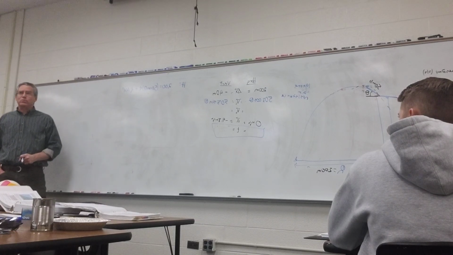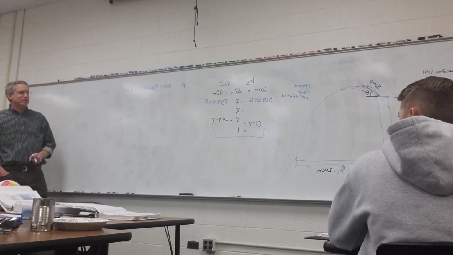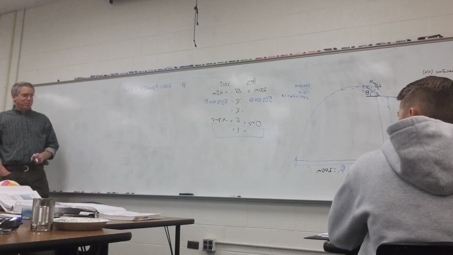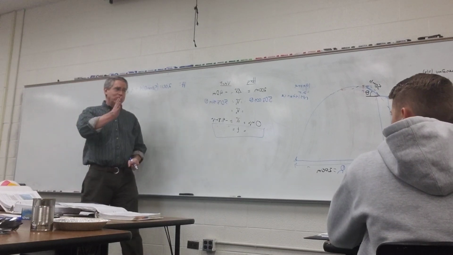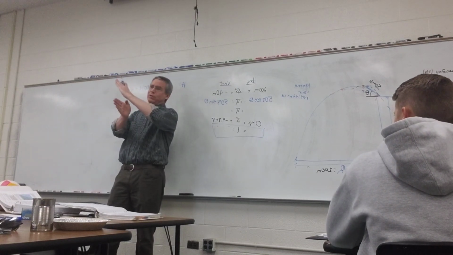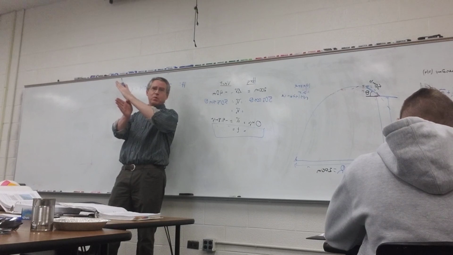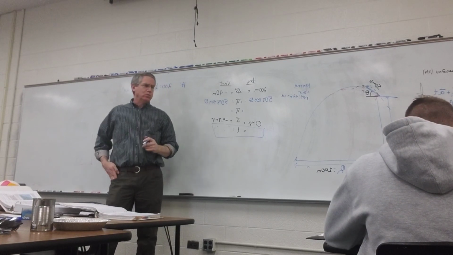When a student mixes and matches, putting initial velocity 50 meters per second and acceleration 9.8 meters per second squared in the same equation, that acceleration is vertical and that 50 meters per second is at an angle. They are not put into the same equation. So I've gotten to the point where I give very little partial credit to the student who does that.